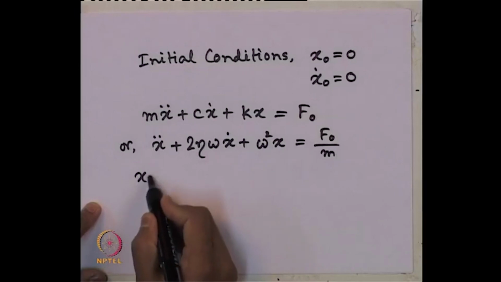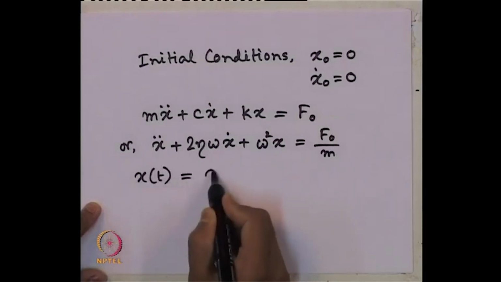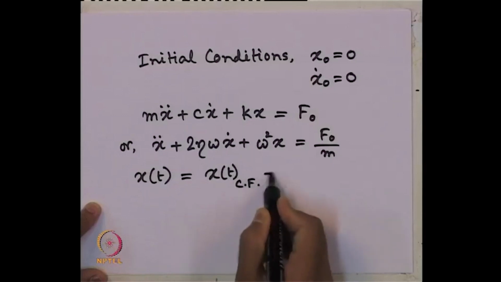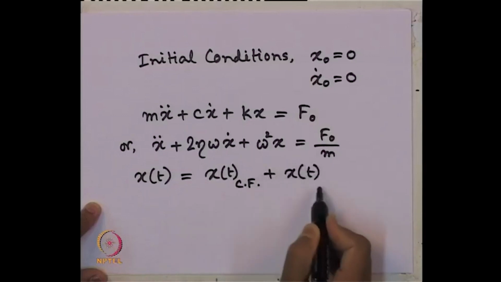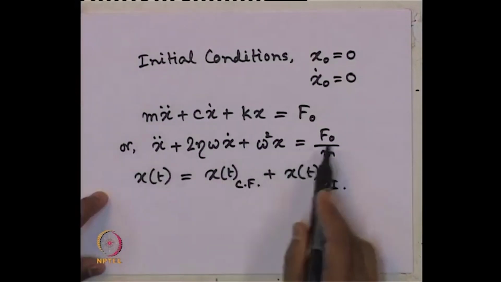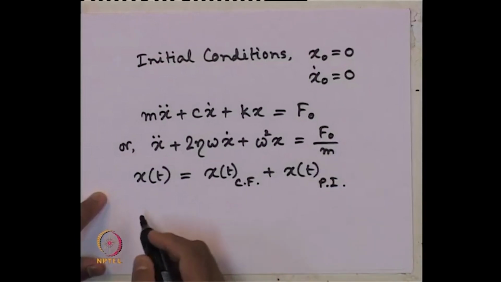So, the solution is the same as what we have done earlier: x(t) complementary function plus x(t) particular integral. And the complementary function we know, if we equate it with respect to 0, we will get the complementary function.